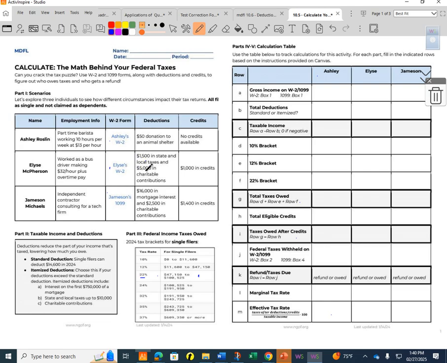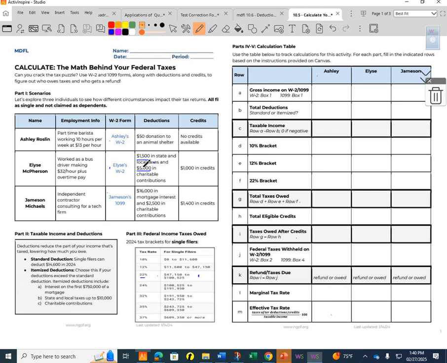And here it gives us some more information about Elise's tax information. She gets to deduct $1,500 in state and local taxes and $5,000 in charitable contributions. So she gets to deduct up to $6,500. And then she gets to take a $1,000 credit.